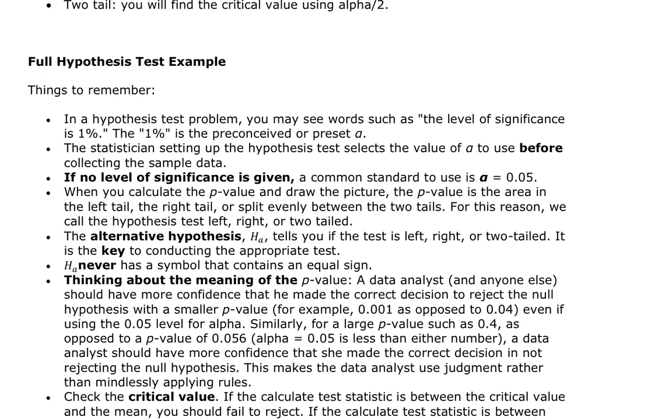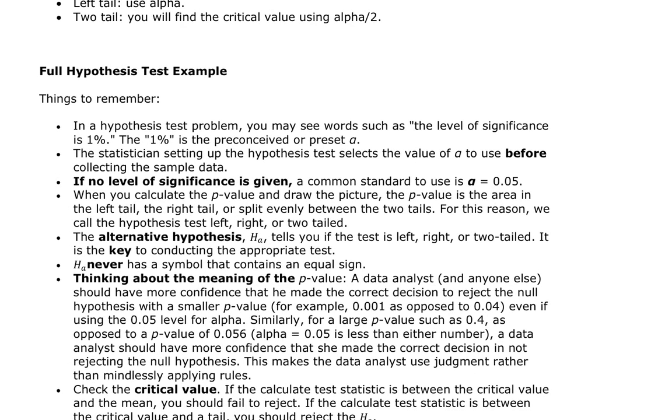So the things that we need to remember when we are doing a hypothesis test is you may see the level of significance as 1%, or the 1% is a preconceived or preset alpha. So this is telling you what alpha should be. As a percent, we turn that into its decimal equivalent, and that's going to give us the area under the curve that we are looking at.